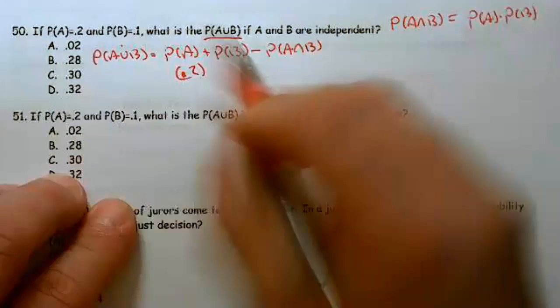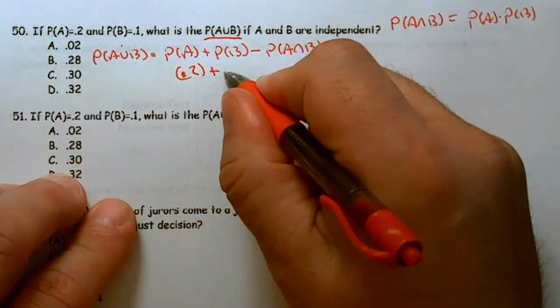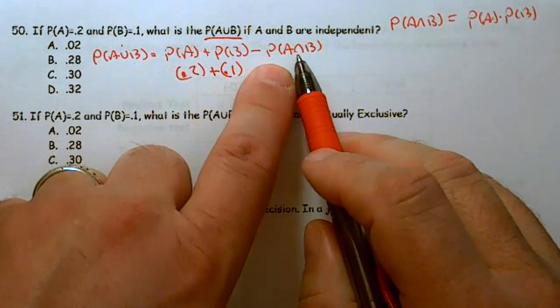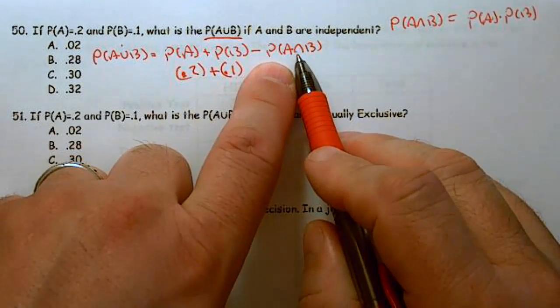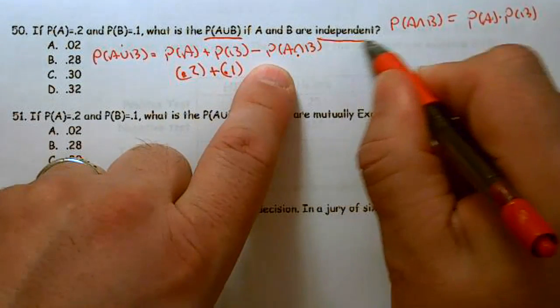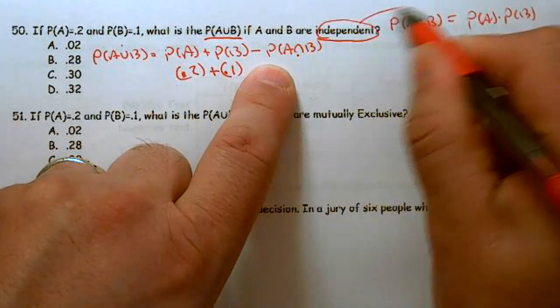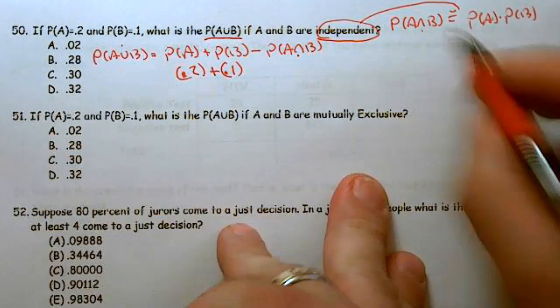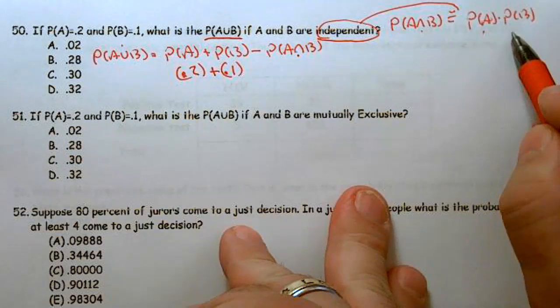We know the probability of B is 0.1. But right now, we don't know A and B. But they told us they were independent. And if they're independent, A and B has this formula. Oh, we know A and we know B.